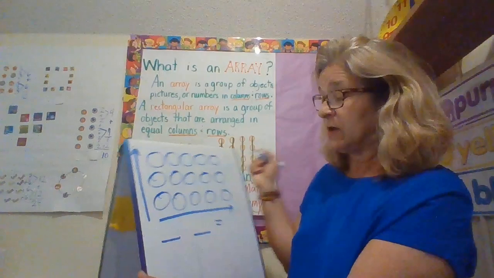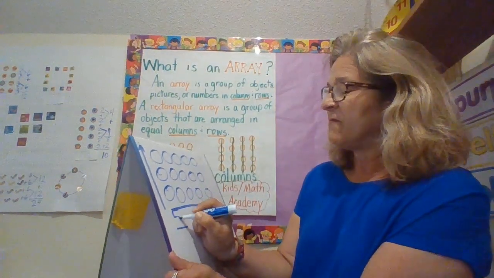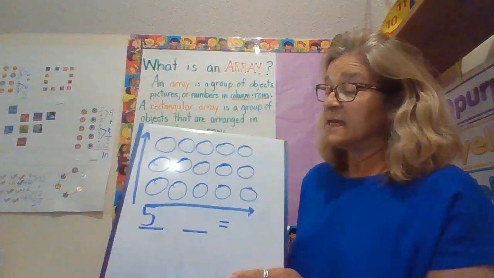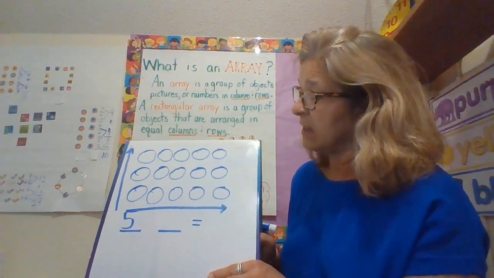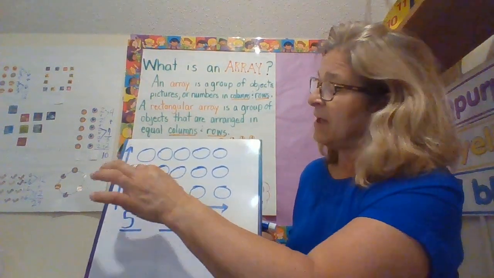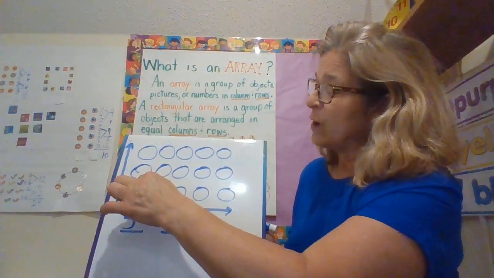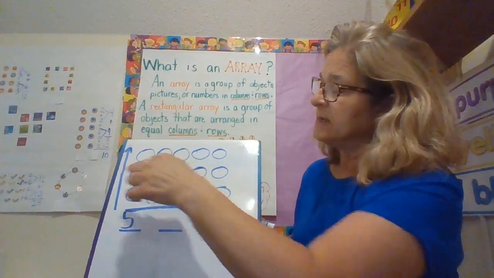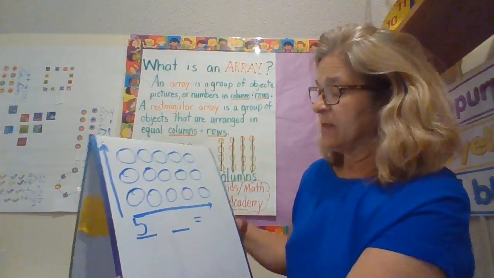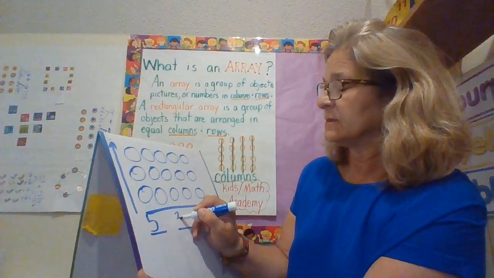If you said 5, you were correct. There are 5 columns. Now, in each column, how many rows are there? 1, 2, 3. There are 3 rows.